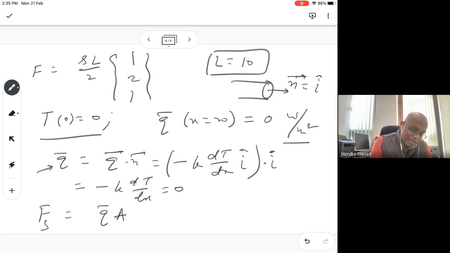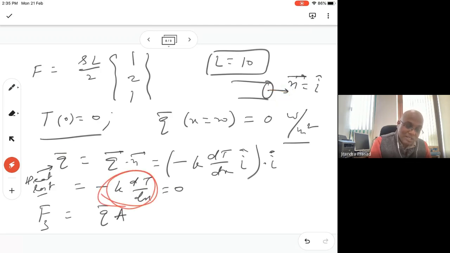Remember, Q bar is heat loss, because if Q bar is equal to Q times dot N, and Q bar is equal to minus K dT over dx, that really means that if dT over dx is negative, then Q bar is positive. Meaning if the heat loss is here, then this term becomes positive, and hence Q bar is positive.